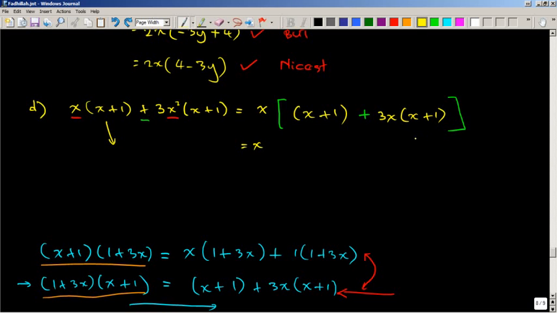So when we want to factorize further, because we know we can factorize further this one, we look for the second thing in common, which is x plus 1. X plus 1 ada on both sides of the plus sign. Left hand side of the plus sign pun ada x plus 1. Right hand side of the plus sign pun ada x plus 1. So that is another candidate that we can factorize. Kita bawa dia keluar.